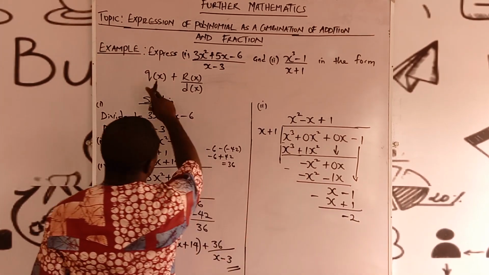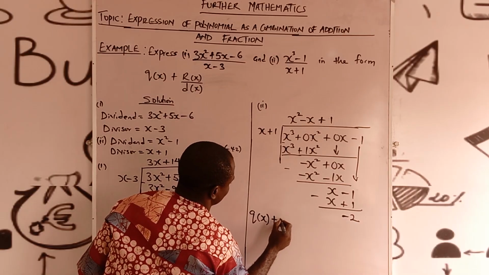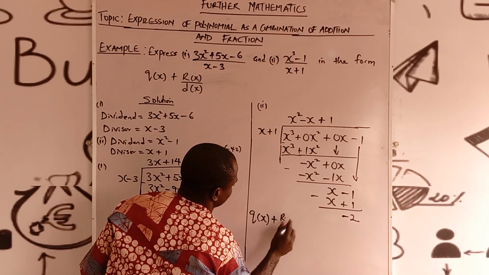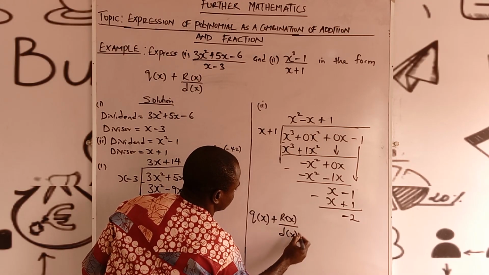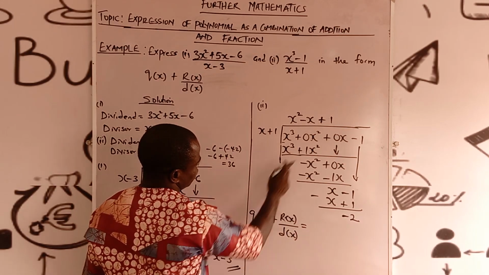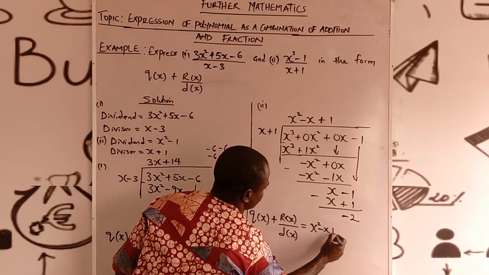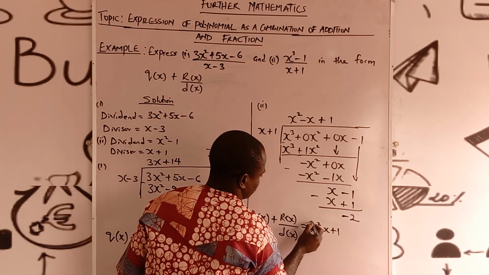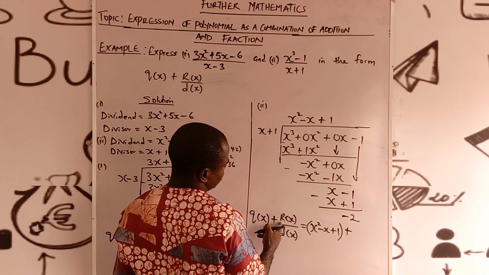Now to be in this form, Q(x) plus R(x) over D(x): what's our quotient? Our quotient is x squared minus x plus 1, plus what's our R(x)?